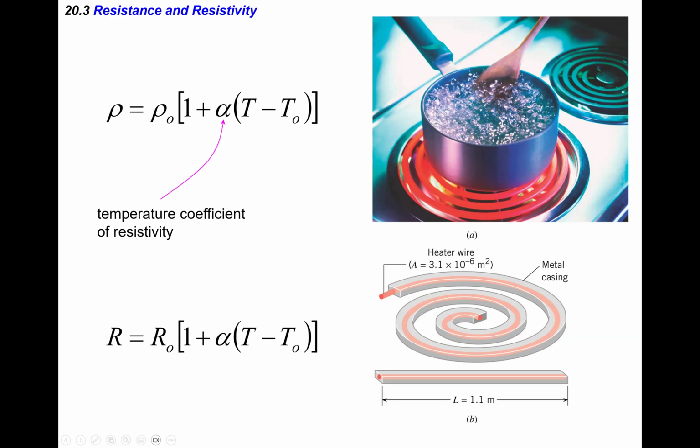If you want to decrease the rho, what you do here is put the device in a very cold temperature. That's why when we have a superconductor, it's usually at a very cold temperature. We do not have a room temperature superconductor. So that's why we have this equation here. Resistance also changes with temperature.